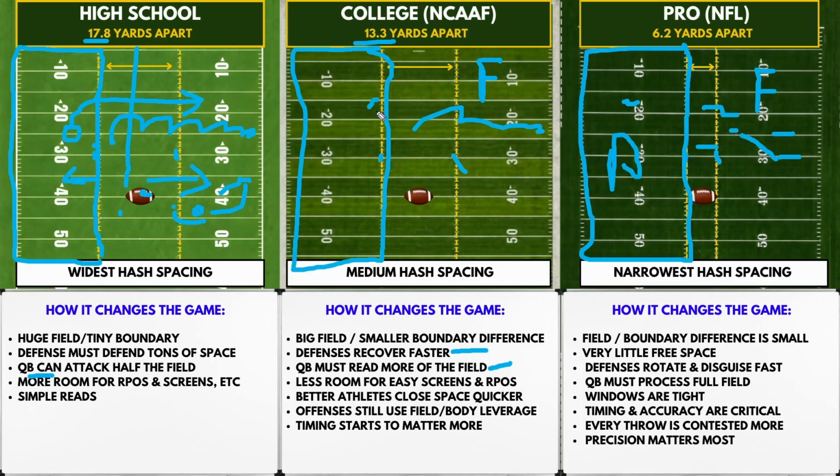So the ball is here. There's all of this field over here on the right of it, all this field over here that must be accounted for. So you can't just read a tiny portion of a field like you could in high school. But this does mean that timing does start to matter more. Better athletes can eat up more space quicker than they can in high school.